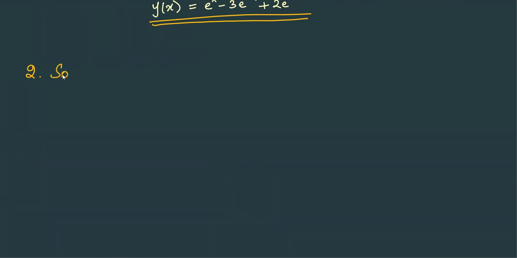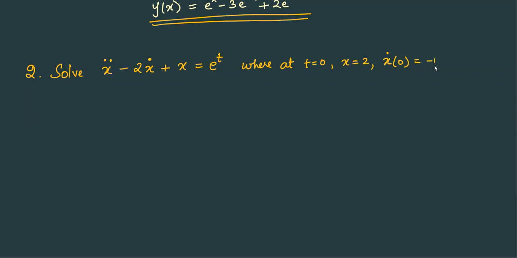So solve x double dot, that means the second derivative with respect to time, minus 2x dot plus x is equal to e^t, where at t = 0, x is equal to 2 and x dot is -1.